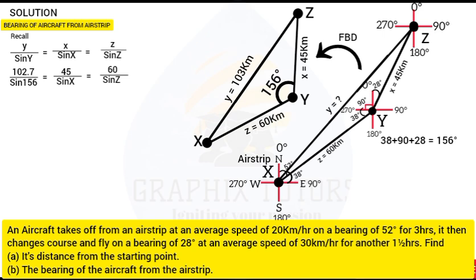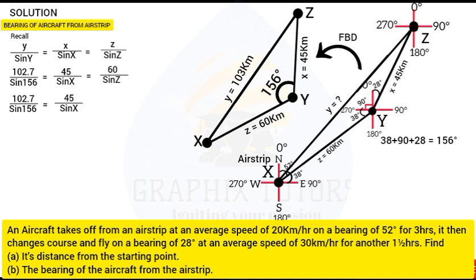But if you look at 102.7 divided by sine 156, it is complete, there is no unknown there. If I go to 60 over sine Z, I'll have sine Z, which is unknown, and also sine X, which is unknown. So it will make my work more complicated. So I'm going to take 102.7 over sine 156 and also 45 over sine X, so that we'll only have one unknown.